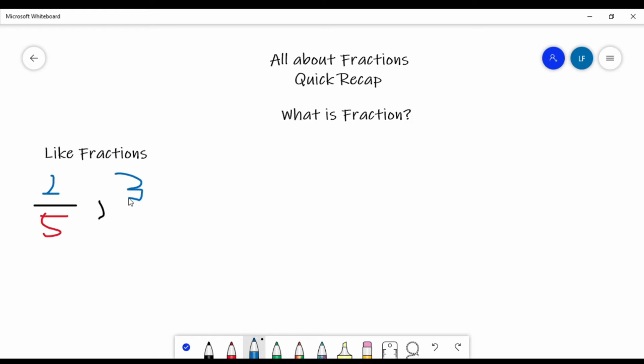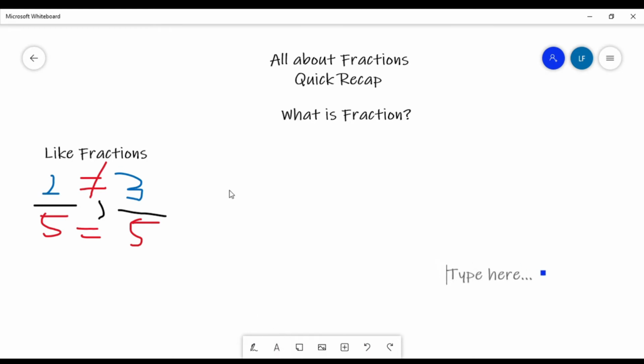Let's take 3 by 5. Now we can say that these are like fractions. The reason is that like fractions are fractions whose denominators are the same. Even though the numerators are not the same, the denominators have to be the same. Only then will they be like fractions.